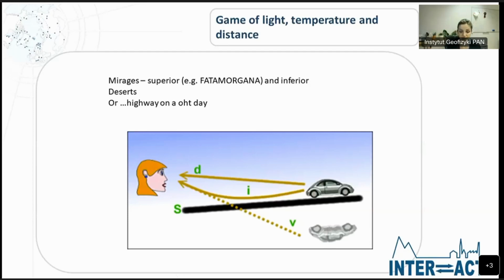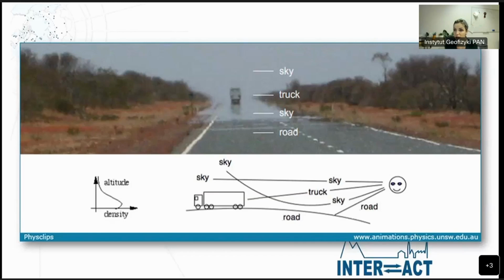So the desert is one example, but we can also experience that simply on a highway, especially on a very hot day. So during this superior mirage, the image we observe, this fake image, is actually upside down.